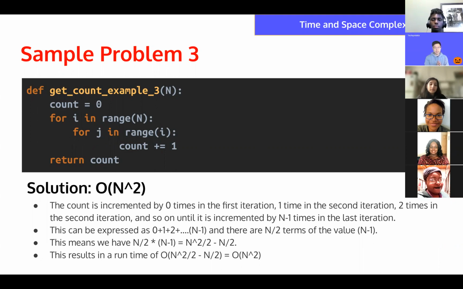So the sum of those two values is n minus 1. There's also a pattern where you add the second value and the second to last value. The second value here is 1. The second to last value, although it's not shown here, is supposed to be n minus 2. So when you add n minus 2 plus 1, they also add up to n minus 1.